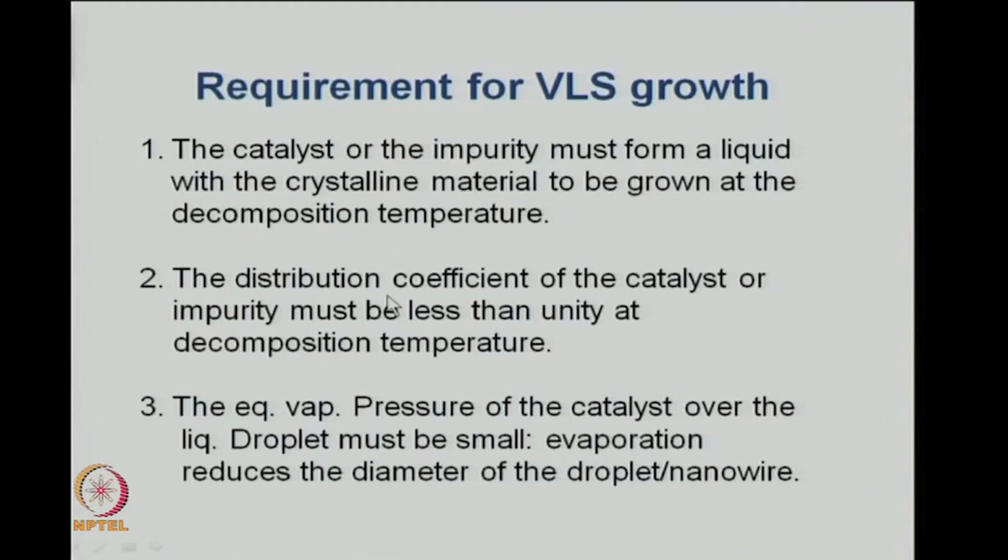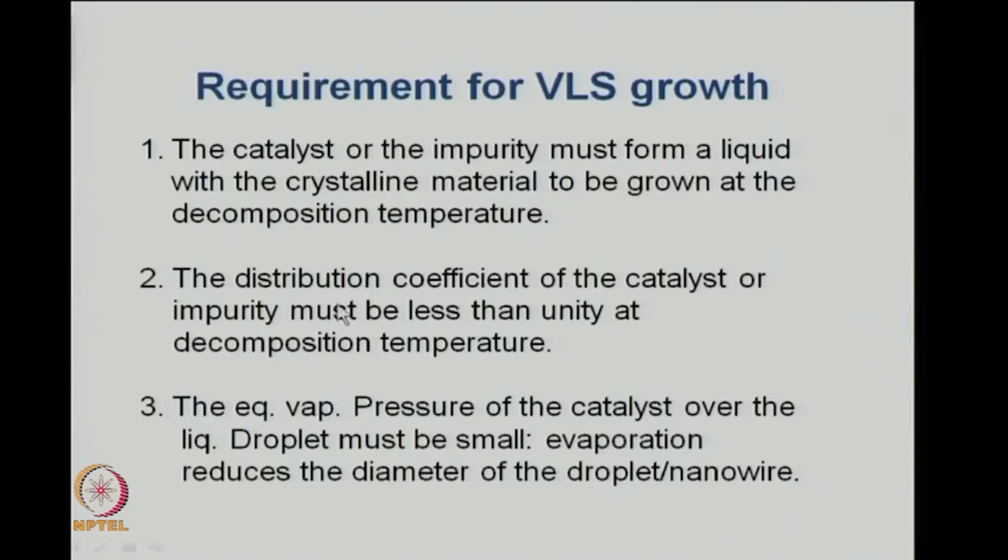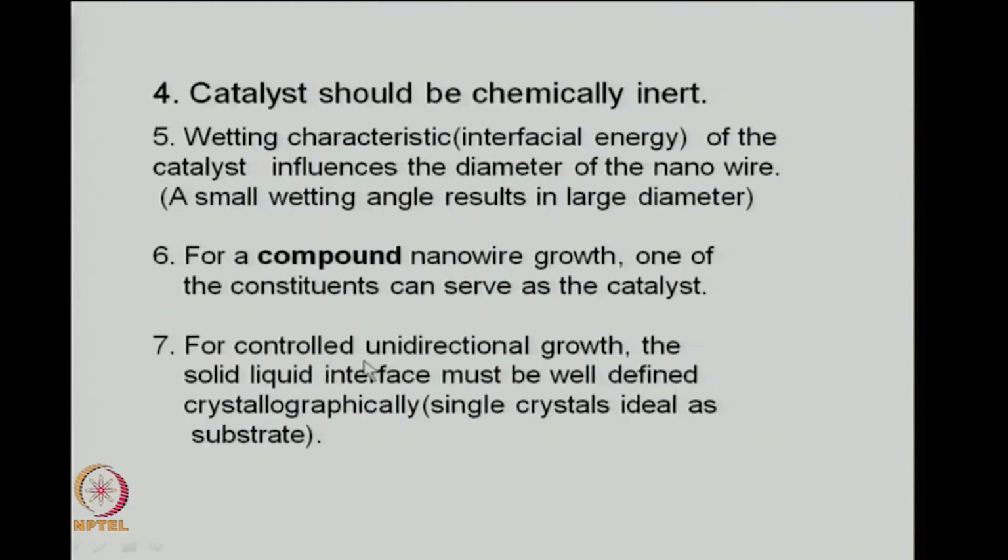And the distribution coefficient of the catalyst or the impurity must be less than 1 at the decomposition temperature. It tells you how the catalyst is distributed in the liquid phase. The distribution coefficient can be found out by doing certain experiments, and for this you must choose a catalyst which has a distribution coefficient less than unity at the decomposition temperature.